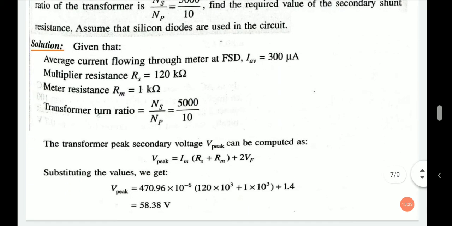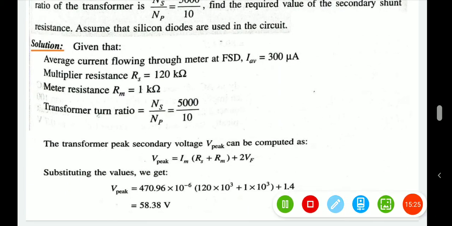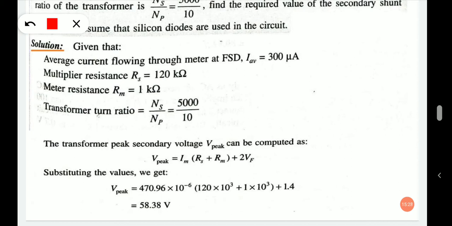The transformer peak secondary voltage, that is V peak, can be computed as V peak equals, we know that expression, Im in bracket Rs plus Rm plus 2Vf. In the last numerical also we have seen. So if we substitute the values, V peak equals 470.96 into 10 raised to minus 6.